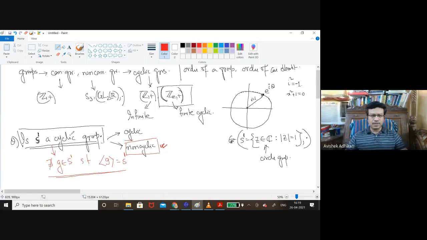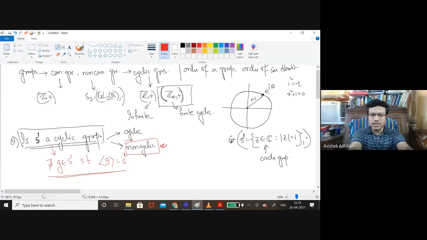You think on your own how to give some of the arguments here. So the idea is you need to show that there exists no g which could act as a generator of this group, and if you can argue like this, then S1 cannot be a cyclic group.